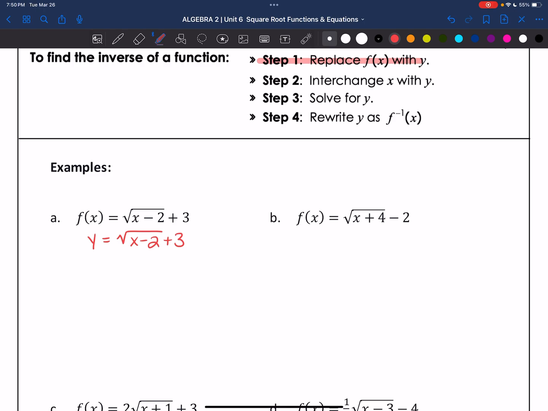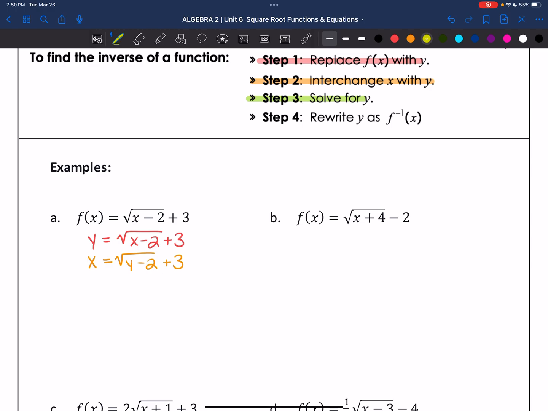Then our next step is going to be to interchange x with y, and that looks like taking, instead of y, we write x, and instead of x, we write the variable y. After that, we're going to want to solve for y, and here's how we will do that.